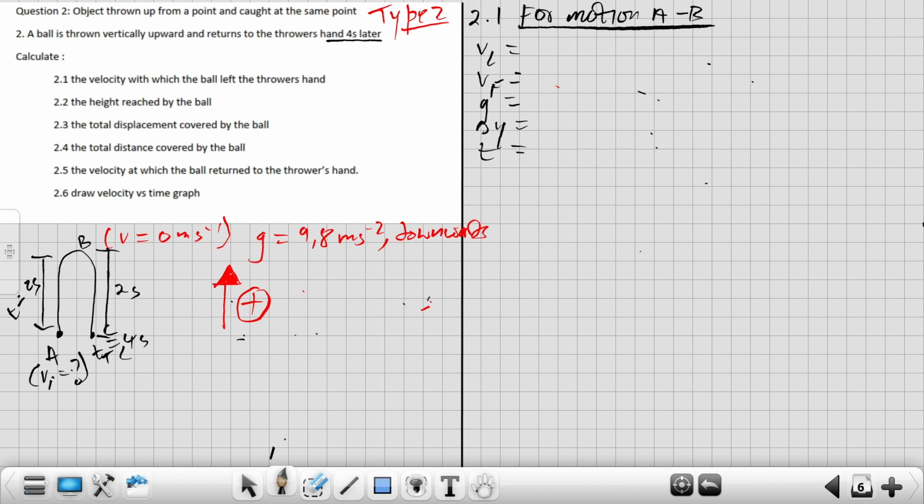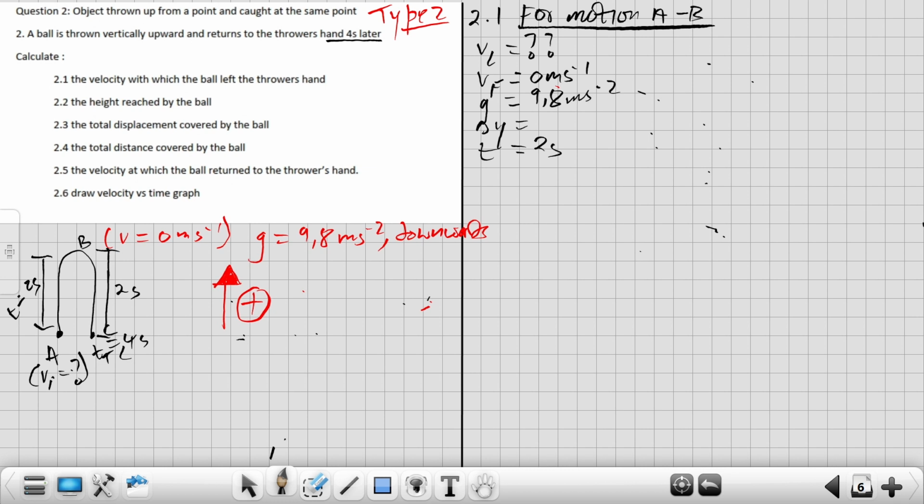Then I read the question once more, and from the sketch that I plotted, it's easy to say the question is asking me for V initial. What is my V final for the motion A to B? My V final is 0 meters per second. What is my G? My G is 9.8 meters per second squared. Do I have delta Y? Unfortunately, I don't. Do I have T? Yes, T was given as 2 seconds.